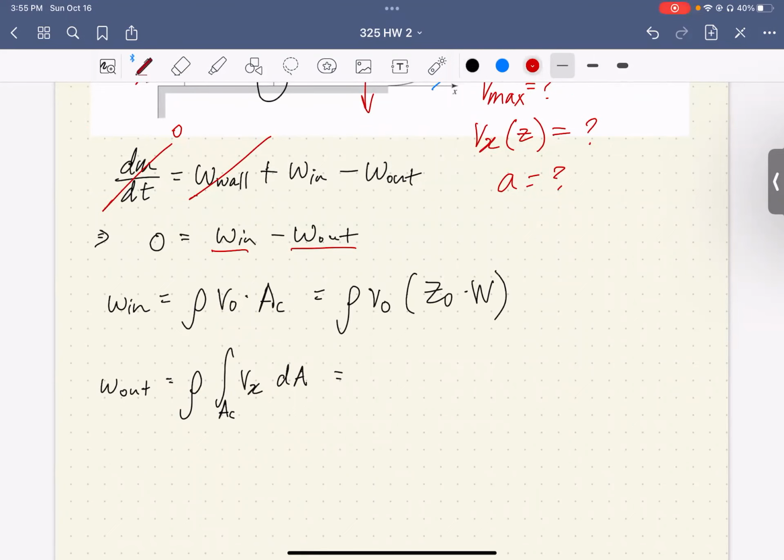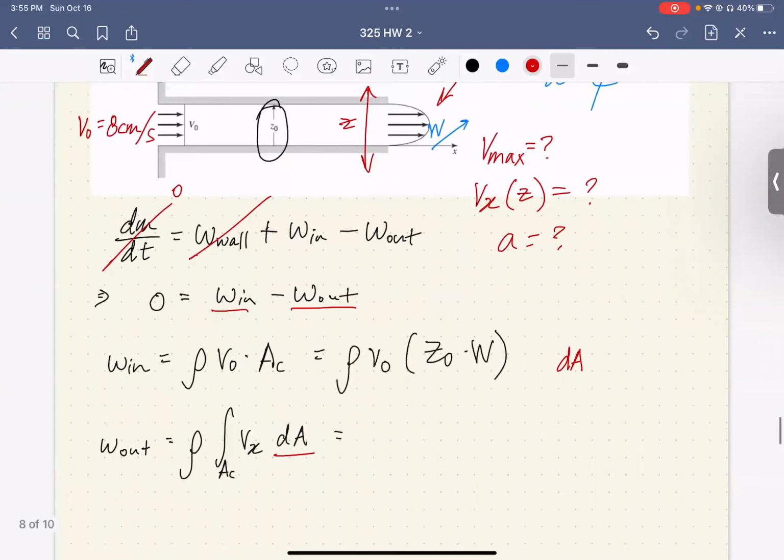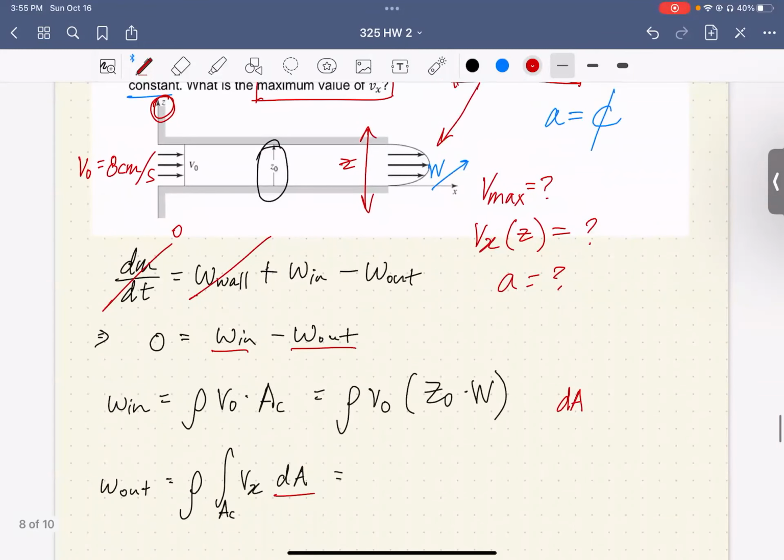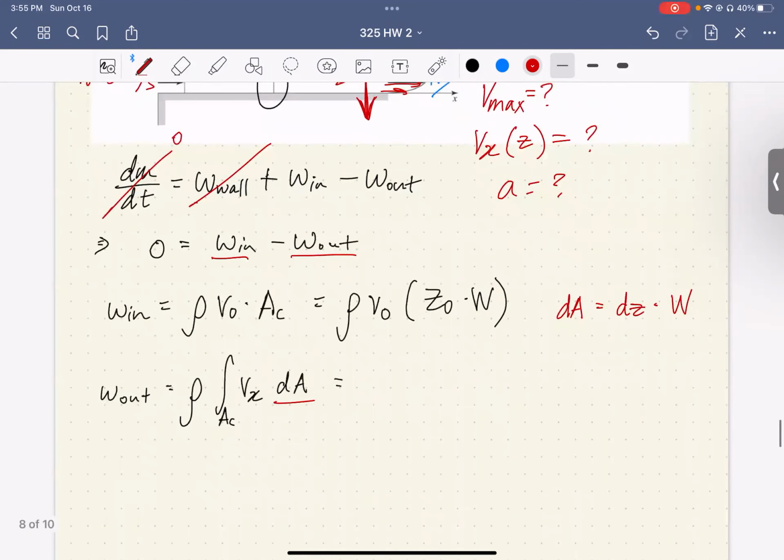We know dA change is actually the change in the Z direction times the width, because again, the width doesn't matter, but in the Z direction you have a different flow velocity profile, as you can see, as you move along the Z. So we know the Z is changing, so let's rewrite that.